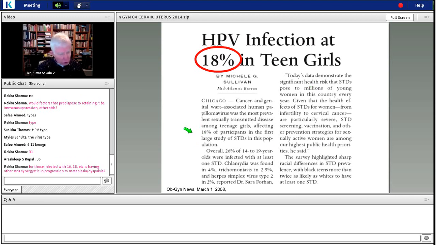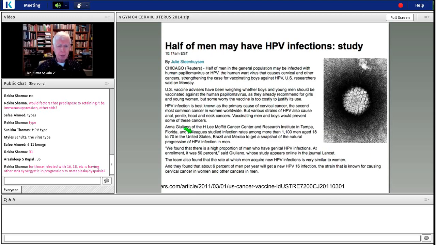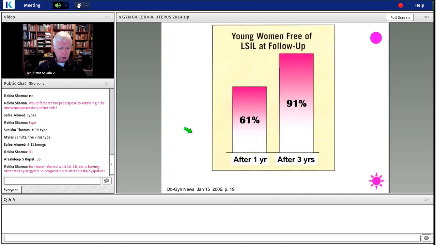Okay, young women who engage in sexual intercourse will very likely develop HPV infections. When you look at the data, half of men have HPV infections, and the transmission to their sexual partners is almost predictable. What will happen to most of these HPV DNA infections?